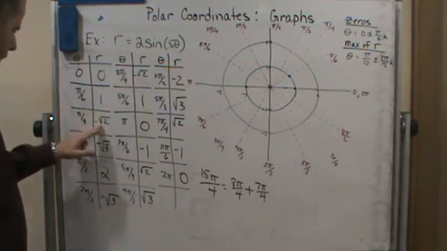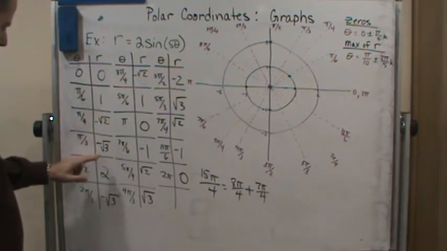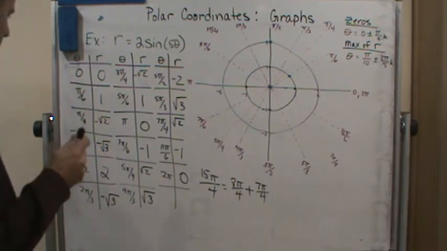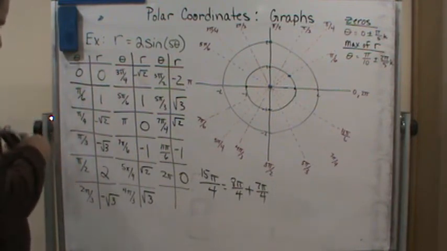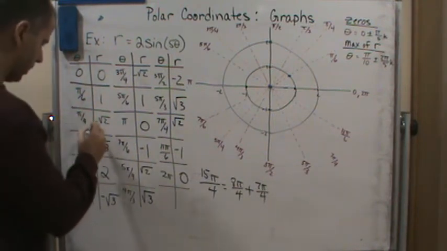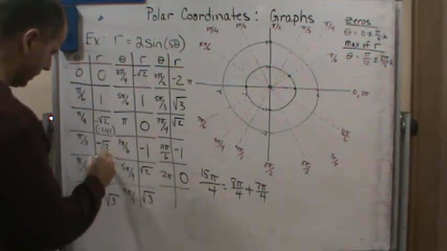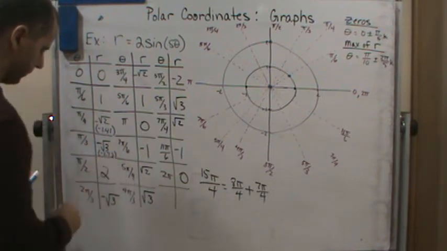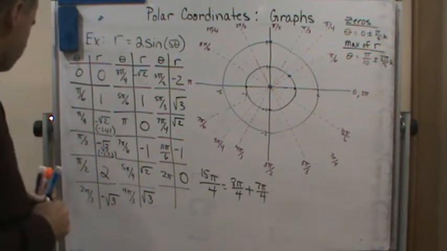So 1.41, 1.7. Okay, so let's look at this. So this is going to be approximately negative 1.41. This is approximately negative 1.73.